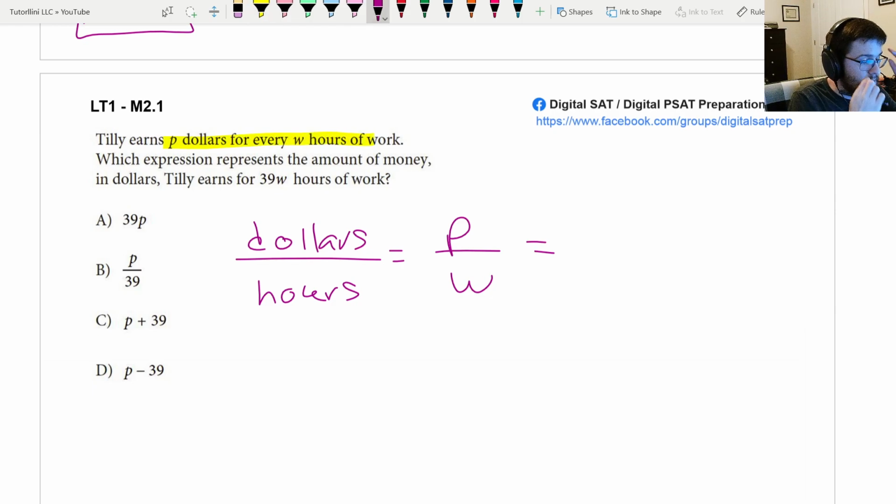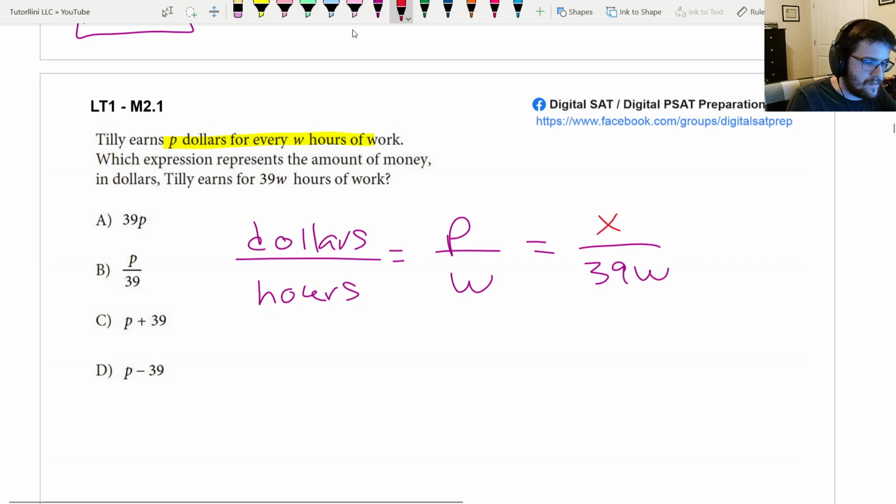And then 39W hours of work. Okay, so 39W. So we want to know what goes here. So why don't we call that X? You can cross multiply and everything, but hopefully we can kind of see that this guy is multiplied by 39.